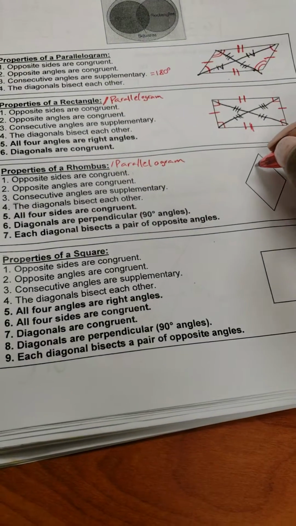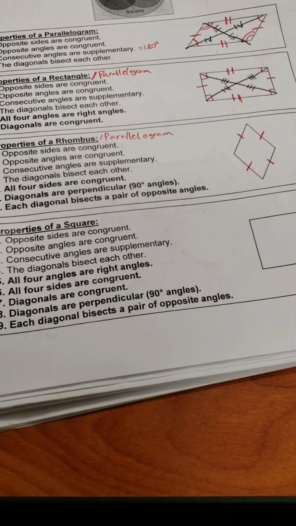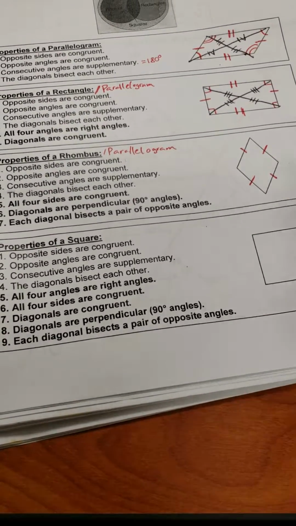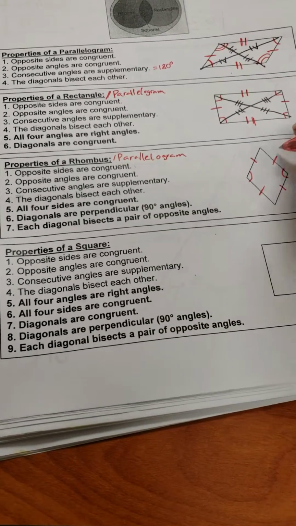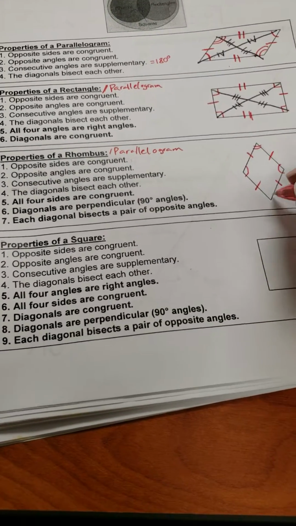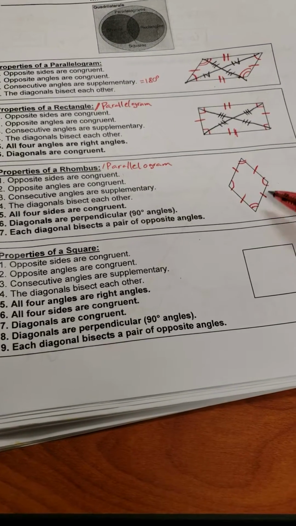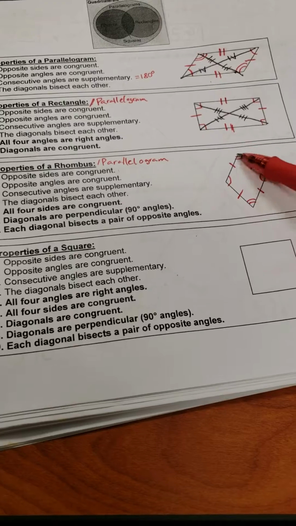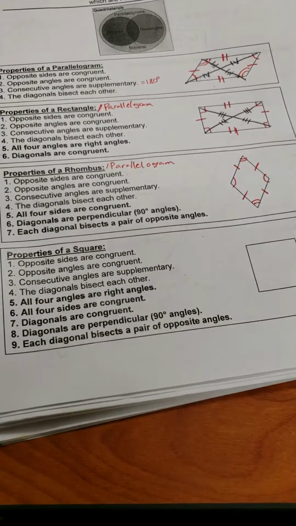So we have opposite sides are congruent, but in a rhombus, all the sides are congruent. All of them. Then opposite angles are congruent. So we'll put 1 tick arc mark there, 2 arc marks here. Consecutive angles are supplementary. So if they're not equal, they're supplementary. So they equal 180. The diagonals bisect each other.